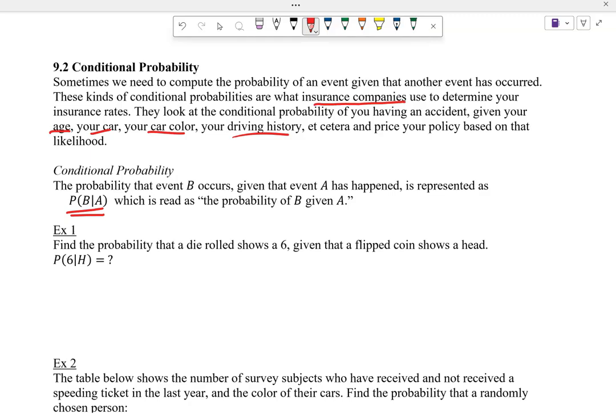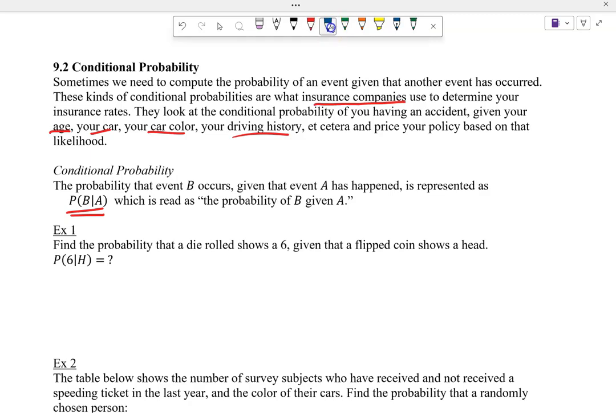Let's do some conditional probabilities, and then we'll get into dependent events with those, okay? So find the probability that a die rolled shows a 6 given that a flipped coin shows a head. Well, remember we talked about flipping a coin and rolling a die. Those are independent events, right?